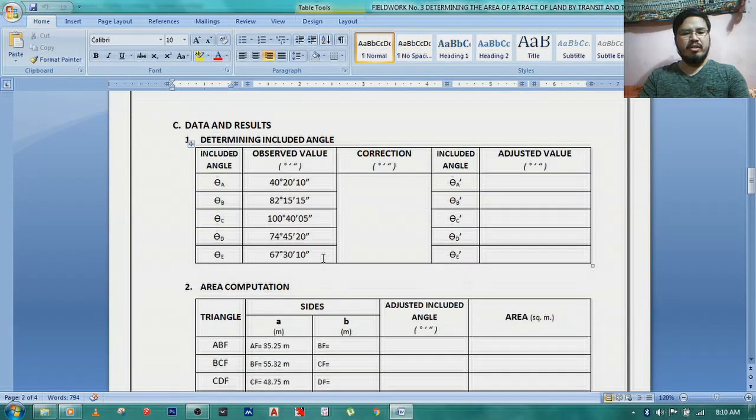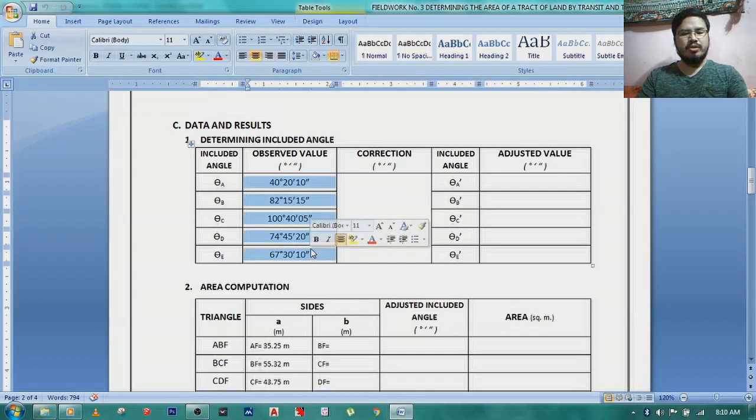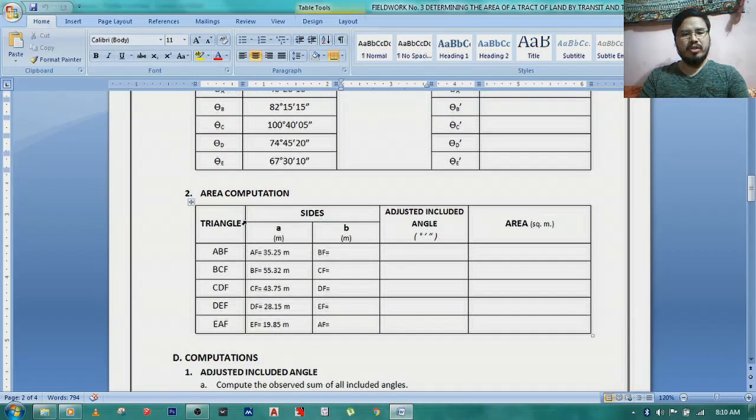Okay, so I have here a tabulated and assumed value for theta A, B, C, D, and E. Those are observed values. Also here we have the lengths AF, BF, CF, DF, and EF.